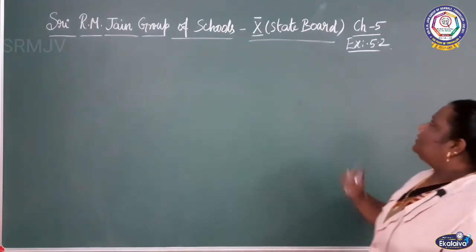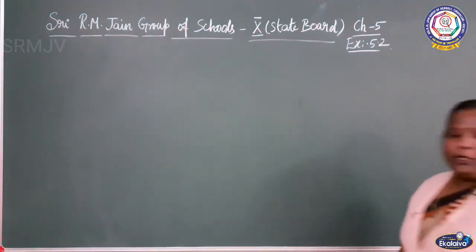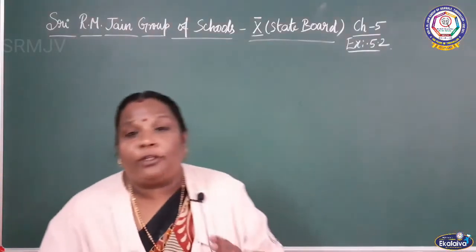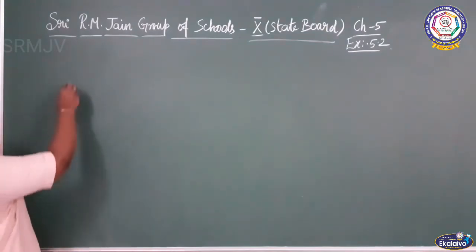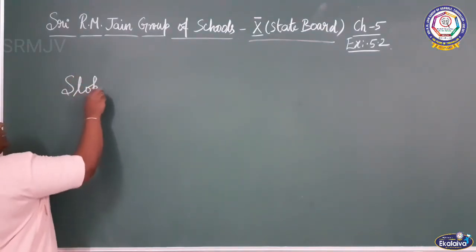See, this is 10th standard state board chapter 5 exercise 5.2. Before we enter into the chapter, we should know about the slope. What is slope? Slope means steepness of a line.